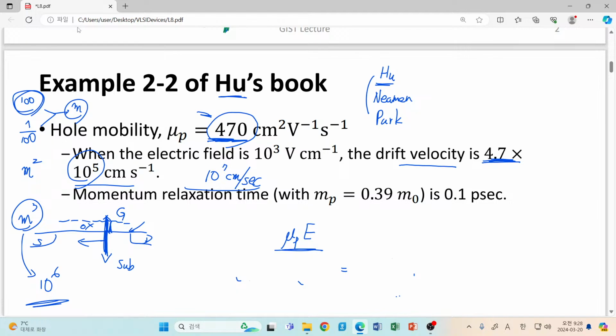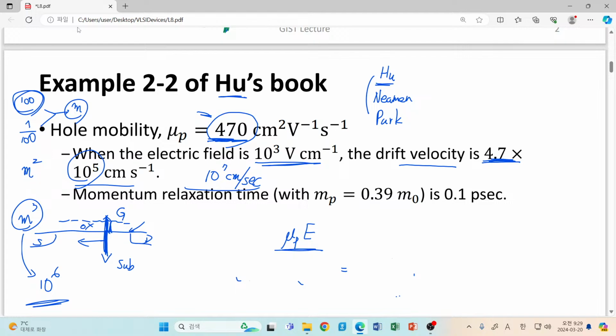Compared with this, our velocity is just 5% of the maximum speed, so it is not that high. Why is the speed not that high? Because we have applied just a moderate electric field to our material. If we apply a higher electric field, then of course our speed will increase.